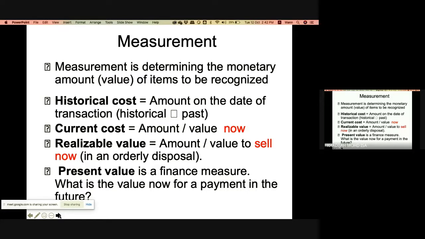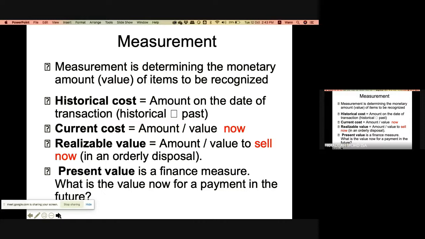People will not pay you 100,000 for the car, because over a 3 year period, the value has depreciated. People will only be willing to pay 70,000 for the same car, because it's not a new car, it's a used car. So the value has reduced, and that 70,000 is what we call realizable value.